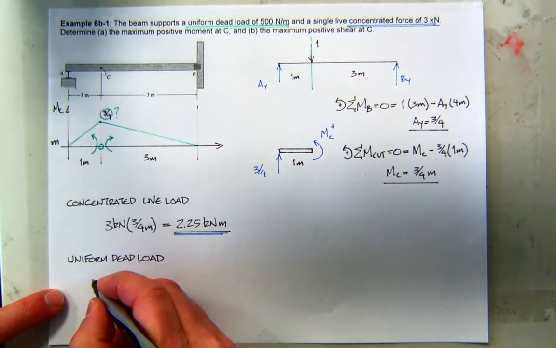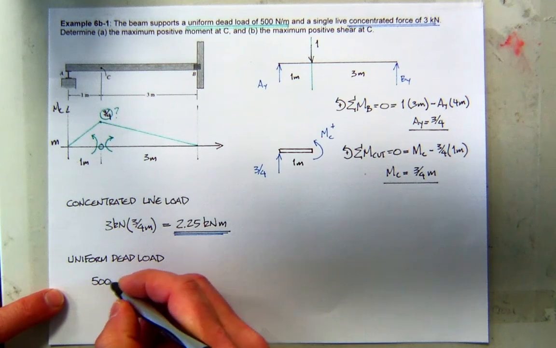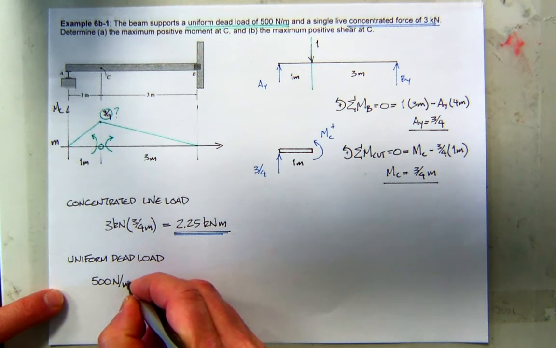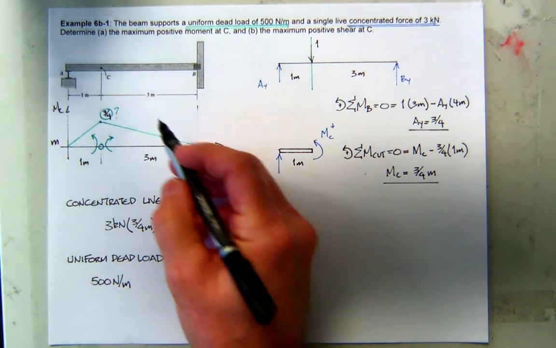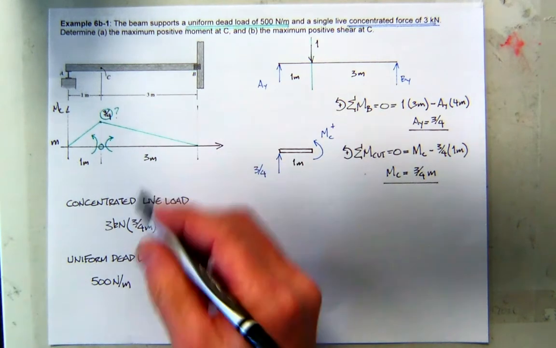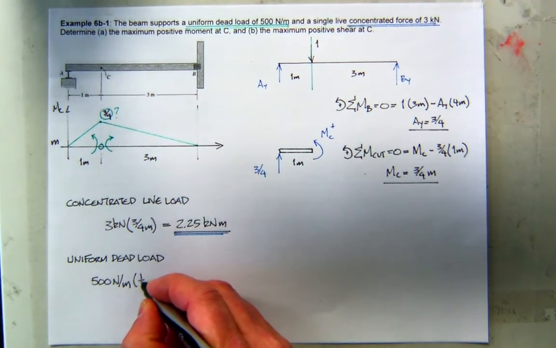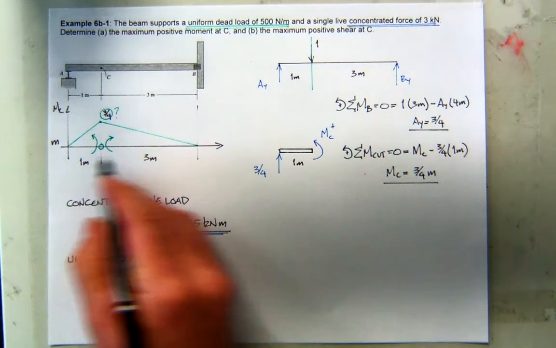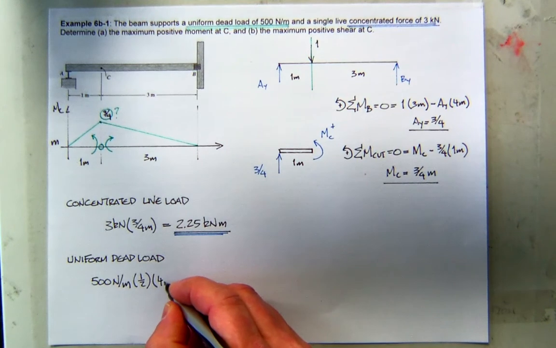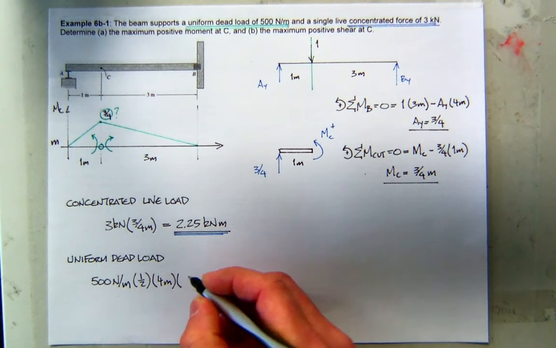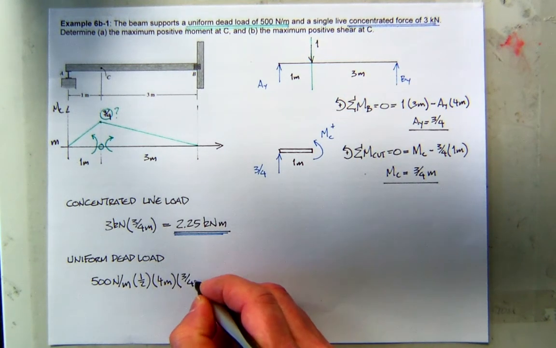And it has a value of 500, and that's newtons per meter. I'm going to multiply that times the area of the curve. This curve is a triangle, so it'll be 1/2 the base, which is 4 meters, times the height, which is 3/4 of a meter.